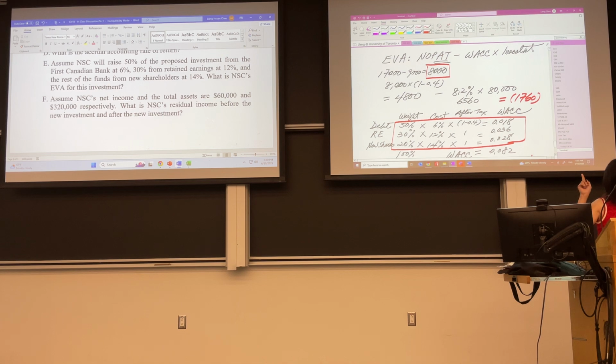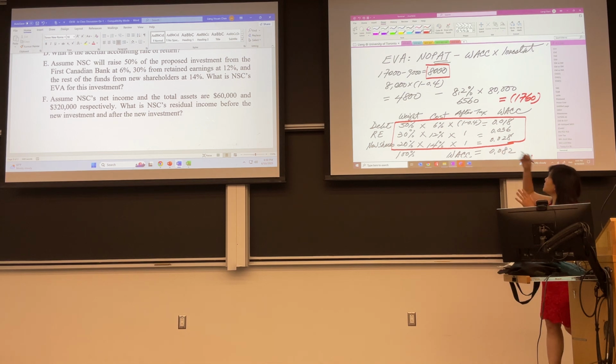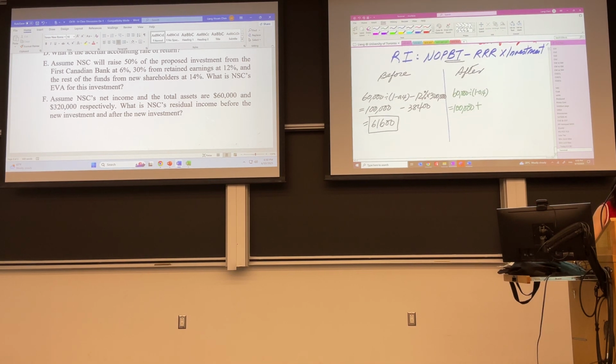This is before tax. After tax, 4,800. But EVA uses after tax, while residual income uses before tax. So we use this before tax, plus $8,000, so 108,000.